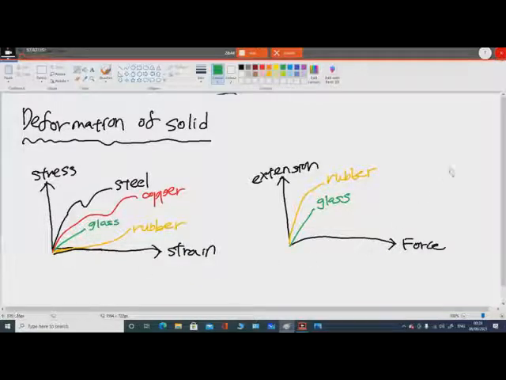Glass is actually a straight line, so that you are able to see it clearly. What's next? We have copper.